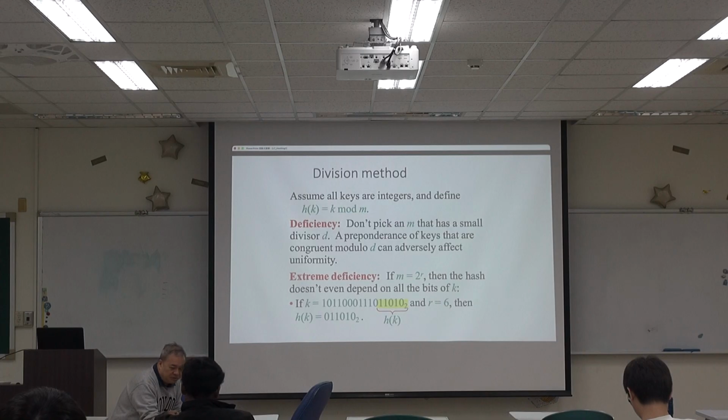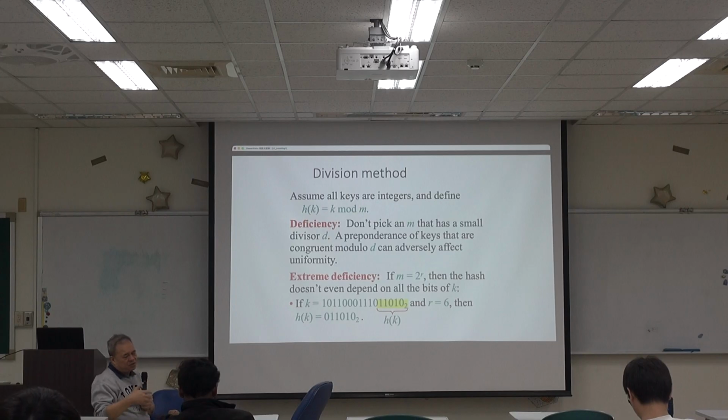For example, you use 6, and then you can try different values of k, and you will find that a lot of keys, after hashing, go to the same value.